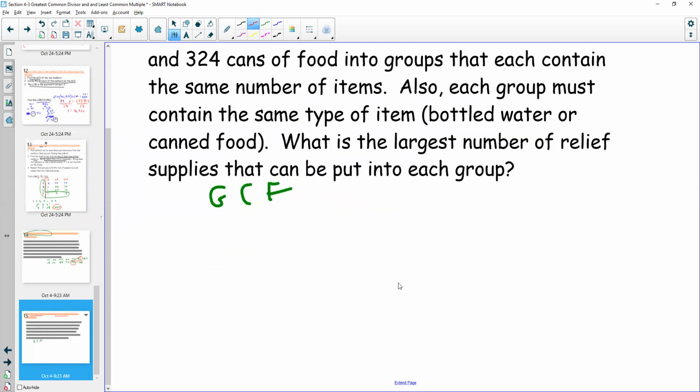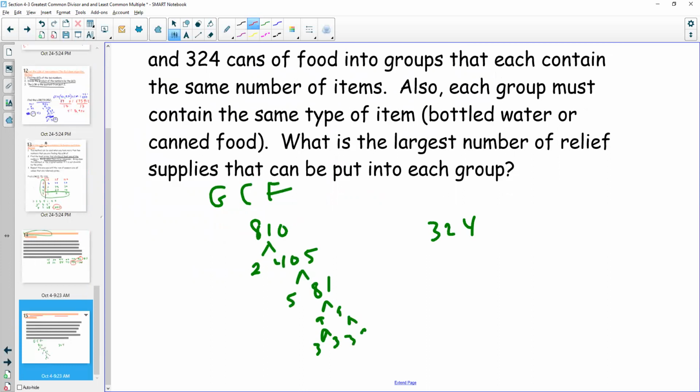So you can find that any way you like. It's 810 and 324. I'm going to do prime factors again. Let's see, 2 and 405. That's divisible by 5 for sure. 5 and 81. Oh, 81 is 9 and 9. And 3 and 3. Okay, so that's 2 times 3 to the 4th times 5.